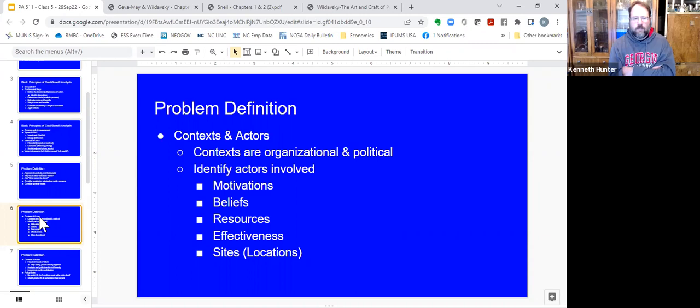That is important because it helps you understand why this may be so personal for them or why they have certain viewpoints that they carry. Also understanding the resources that they have at their disposal or the resources that they've cultivated, as well as their effectiveness. Can they be effective? Are they effective?